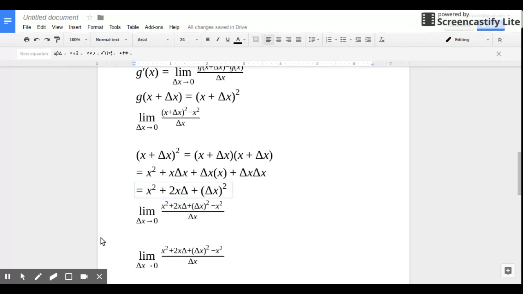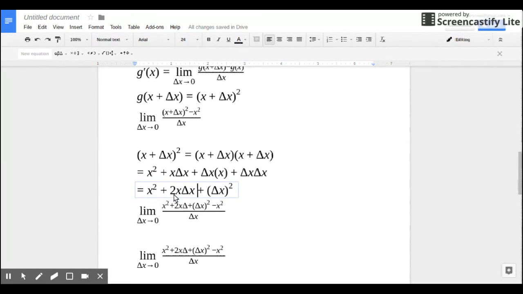There's two of them, and this should be 2x. Actually, I guess I don't have to put parentheses. So you see there's two of these terms here. There's an x delta x. We have an x delta x and an x delta x, or delta x x, same thing. And we have two of them.